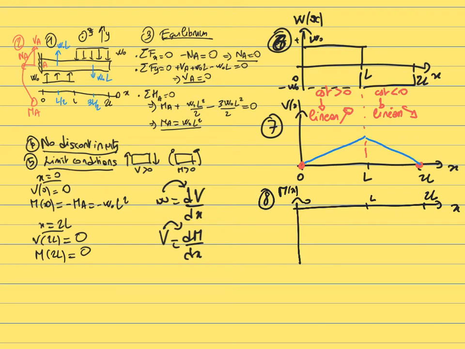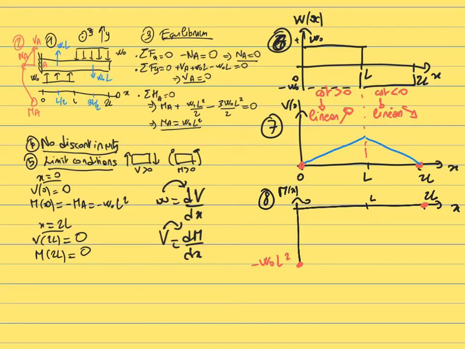The first thing that we know is that the moment has to be equal to minus WL² at x equals 0. So that's the first point that we know. Then we know that the moment has to be equal to 0 at x equal to L. That's the second limit condition that we know.